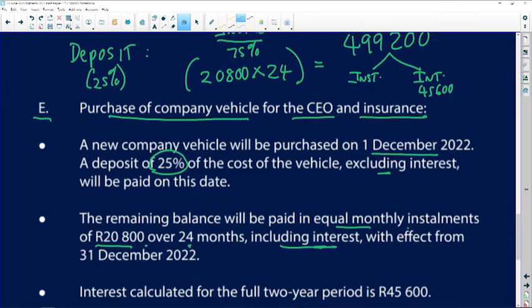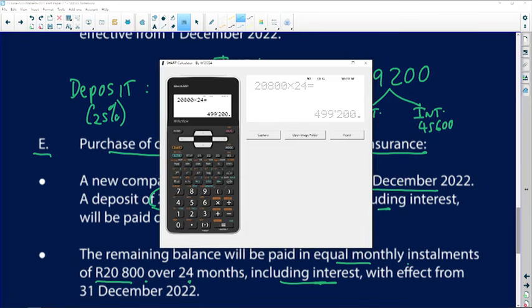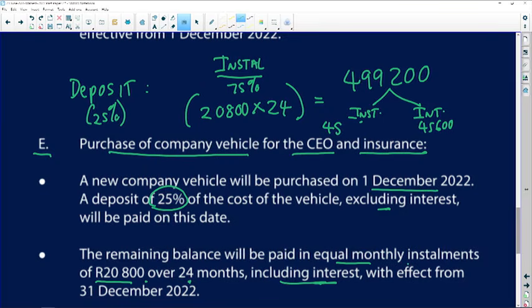Which means the capital portion without the interest is 499,200 minus 45,600, and that gives me 453,600. Now you're thinking, where is Mahesh going with this?